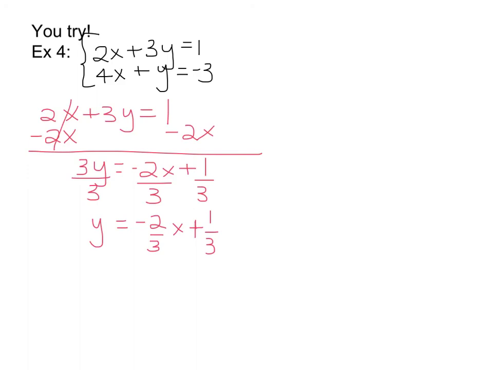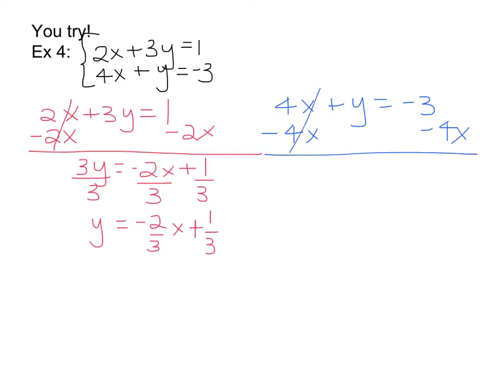All right, now I'm going to take my second equation, which is 4x plus y equals -3. To move positive 4x to the other side, I'm going to subtract 4x. And that gives me y equals -4x minus 3. Okay, so now they are both in slope-intercept form, and I have y equals -2/3 x plus 1/3, and y equals -4x minus 3.